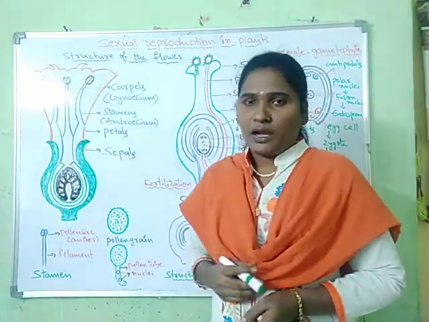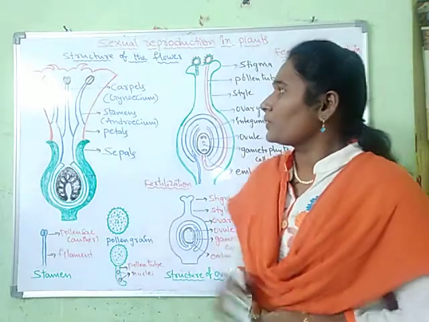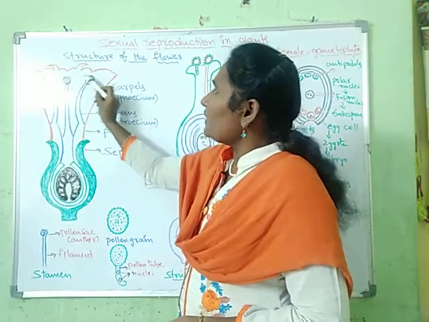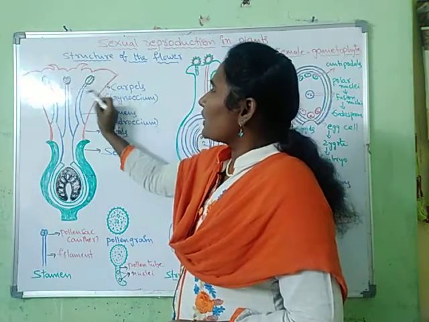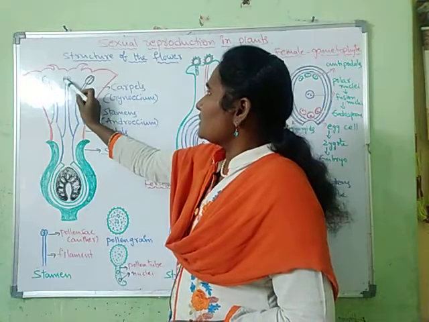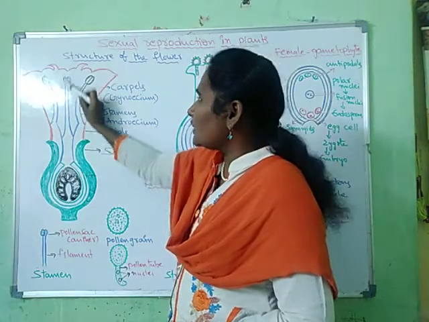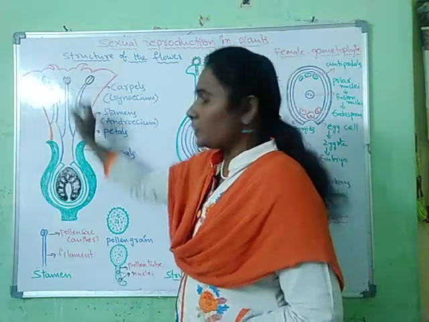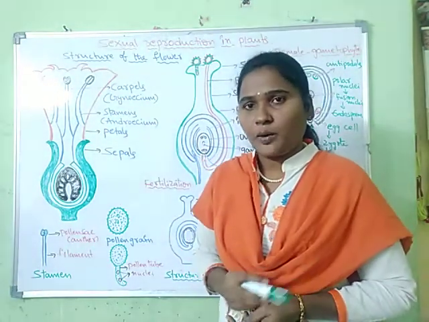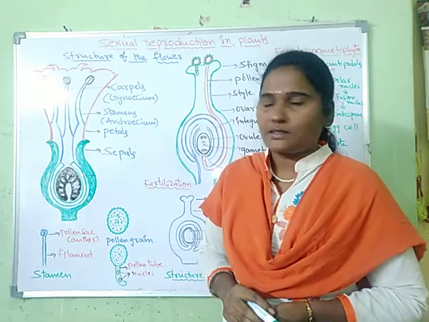So, you already know about pollination. In some plants, the male reproductive cells of the stamens fertilize the female sex cells of the carpels of the same flower. This is called self-pollination, like pea plants.